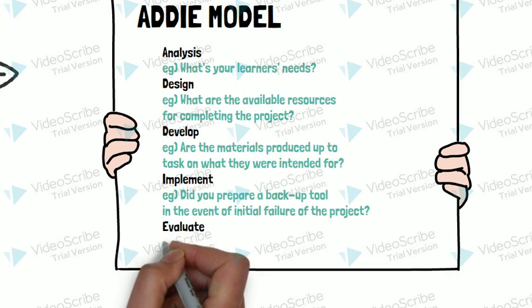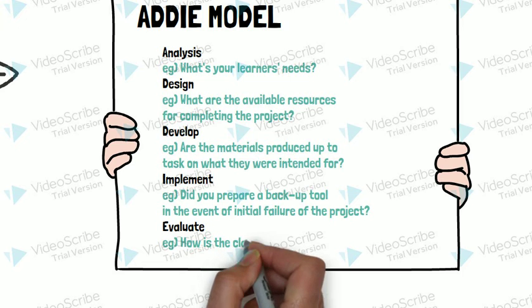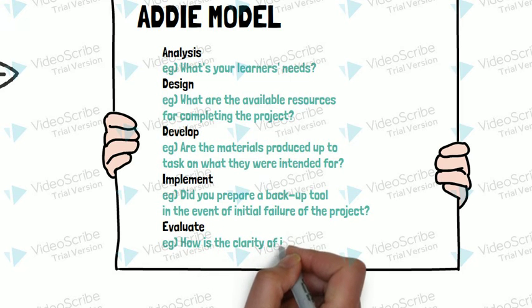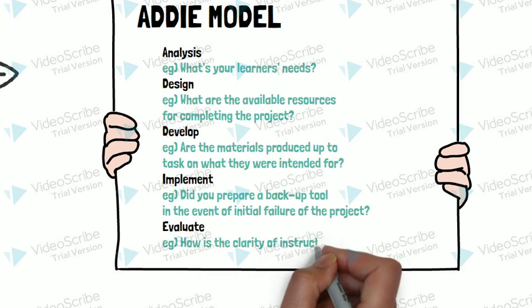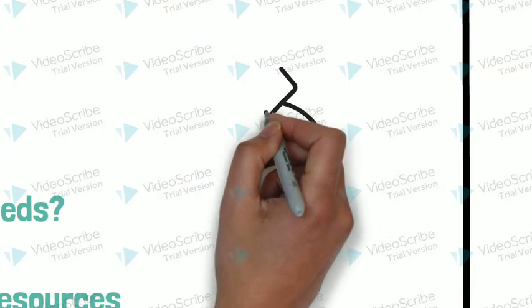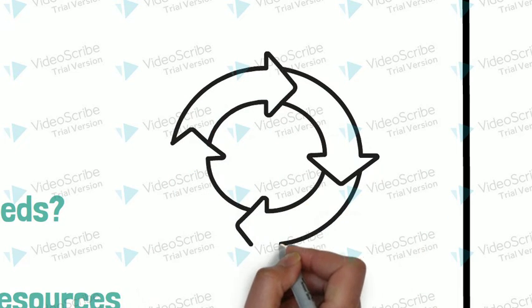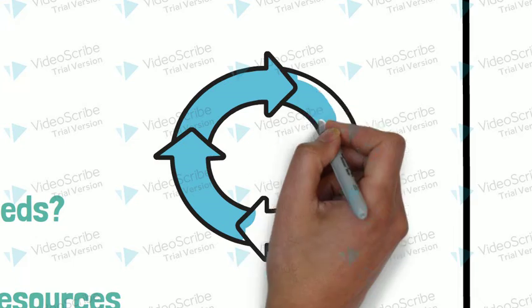And then last but not least, evaluation. The evaluation phase plays an important role at the beginning and at the end of the process. A great way to get feedback is to ask learners to complete a survey at the end of the course. So that's the ADDIE model I wanted to share.